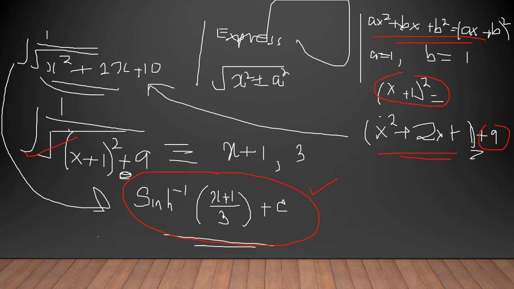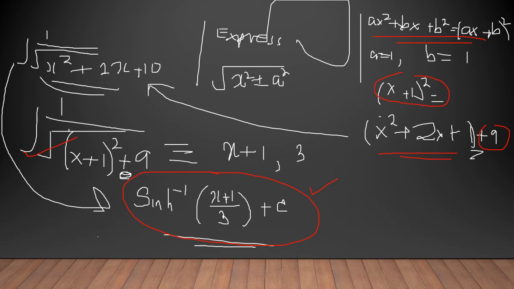So now you can see that our addition form comes in here, so if it's addition, then we know that qualifies to be a sine inverse. So it's in the form of 1 over square root of x squared plus a squared, which is giving us a. So from here you can trace our x being x plus 1 and our a being 3, because 9 here is a squared.